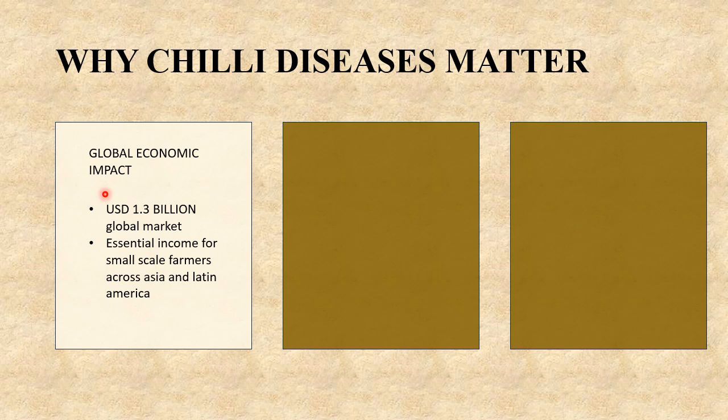If we have more diseases and are not preventing them, we will get reduced crop production, and ultimately there is an economic impact, globally. A 1.3 million global market is also essential for income for small-scale farmers across Asia and Latin America, mainly in Asia.